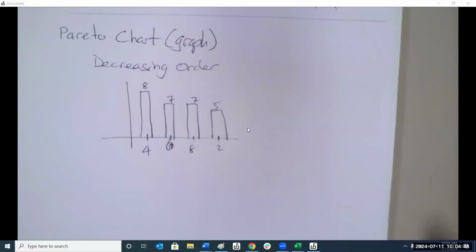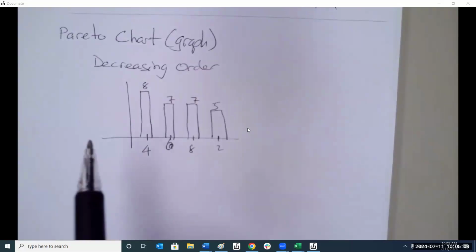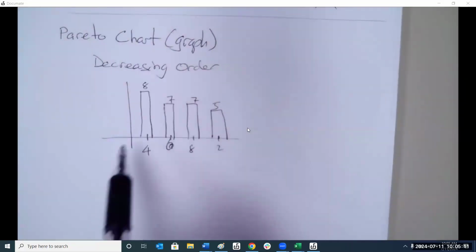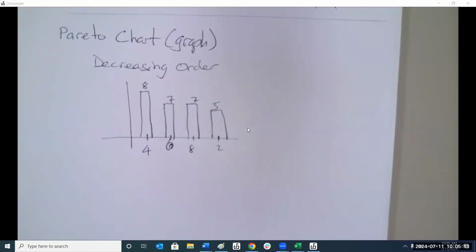That's how a Pareto chart is situated. It starts with the highest and goes down. Why would you do that? How do you read a chart? Left to right, like you read everything else. So if this is a report and you see this, you want to know what's the most important one first, the most frequently occurring one.